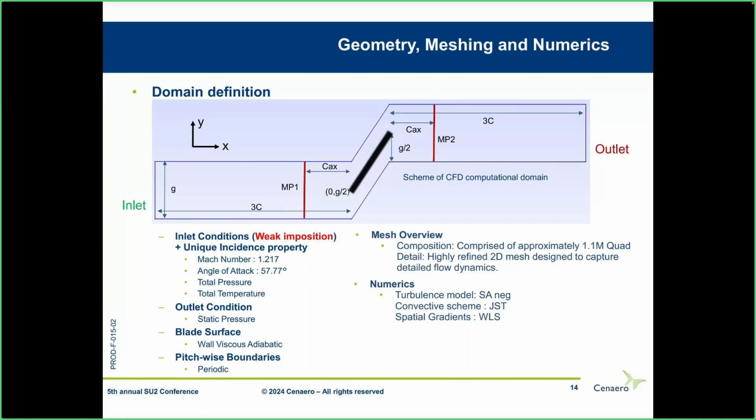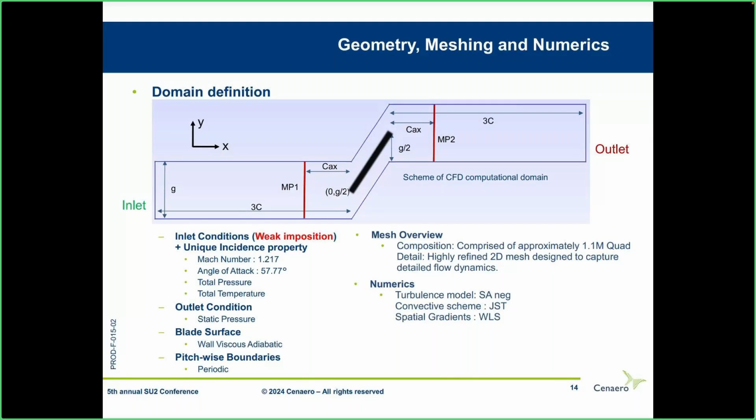However, this supersonic inlet condition in SU2 is a weak imposition, and it relies in this very case on the unique incidence property, which states that for a periodic compressor like this, where the axial velocity is subsonic, you have a relationship between the inlet angle of attack and the Mach number, which go hand in hand. We set the outlet condition as a static pressure, and obviously we have a periodic condition.